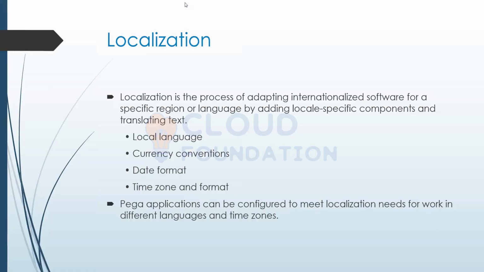Be it the user labels, field values, options the user would select, captions, instructions, any tooltips that you have, or any paragraphs that you're displaying. All these things are what we localize using this wizard. The localization makes it easy for people to access the application.